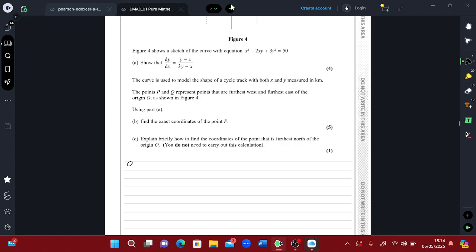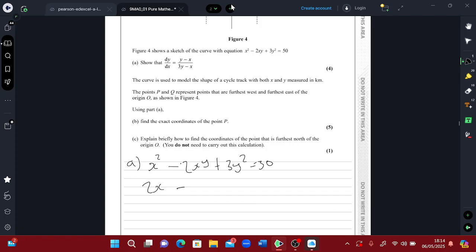So hopefully my writing's not too bad. Well, I probably will be. So we are given x squared minus 2xy plus 3y squared equals 50. So implicit differentiation, you want to differentiate with respect to x. So this on its own, normal, so 2x minus 2xy.